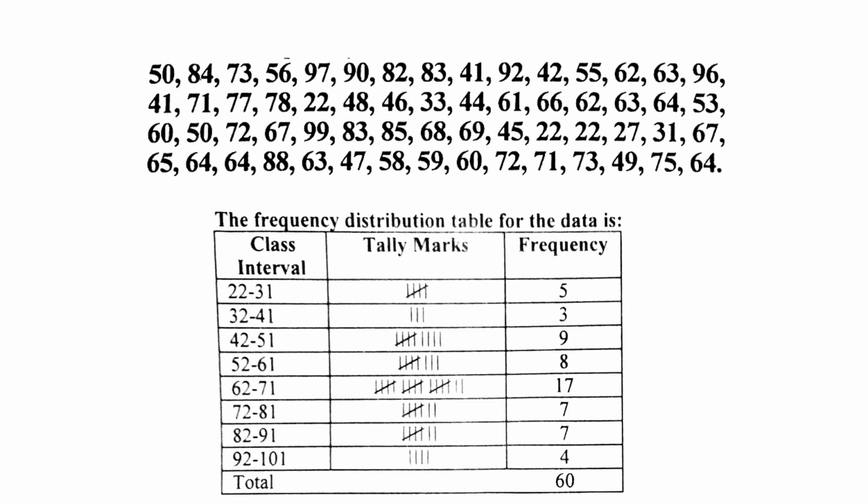If the tally marks are more than 4, then the fifth tally mark will be a cross tally mark. This is the way to make tally. And after counting the tally, write the frequency. Then the frequency distribution table will be made.